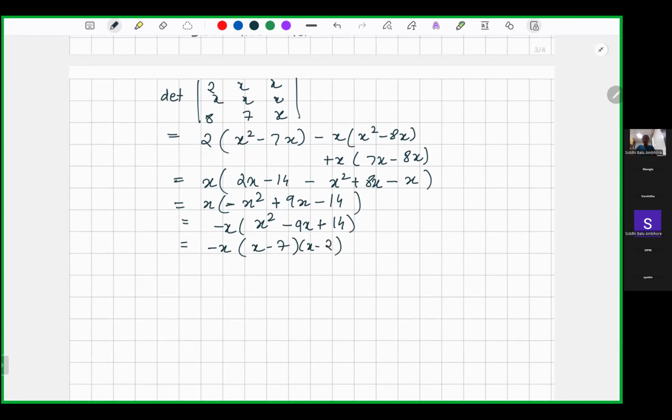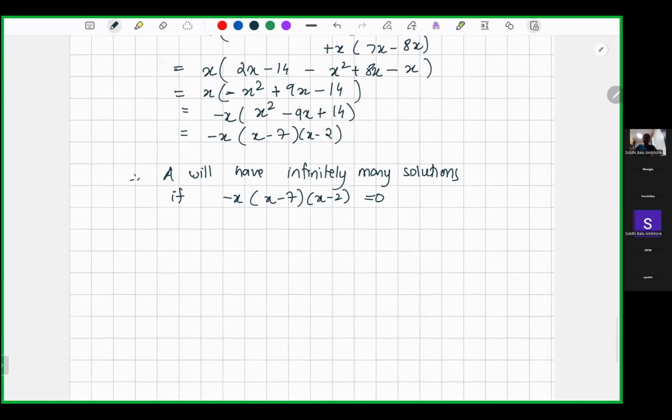Yes. So therefore, A will have infinitely many solutions if minus x, x minus 7 and x minus 2 is 0. And when will that happen?